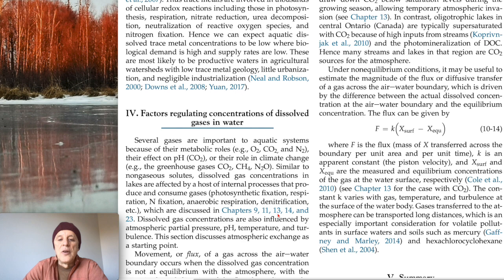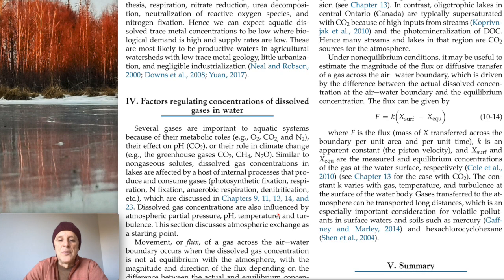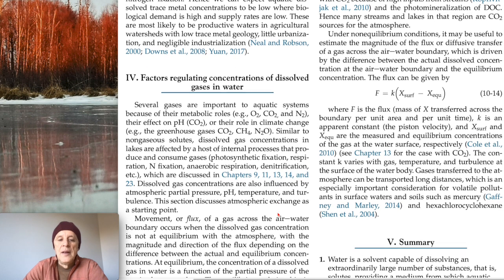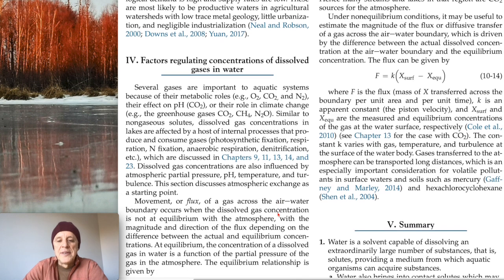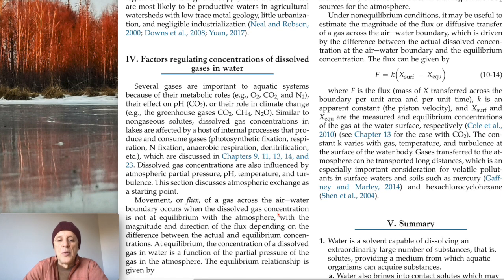Factors regulating concentration of dissolved gases in water. Several gases are important to aquatic systems because of their metabolic roles. For example, oxygen, carbon dioxide, nitrogen, their effect on pH, such as carbon dioxide, or their role in climate change, for example, the greenhouse gases carbon dioxide, methane, and nitrous oxide.